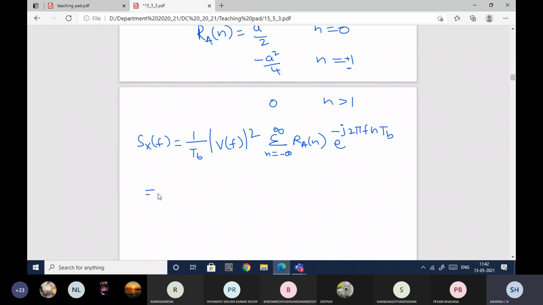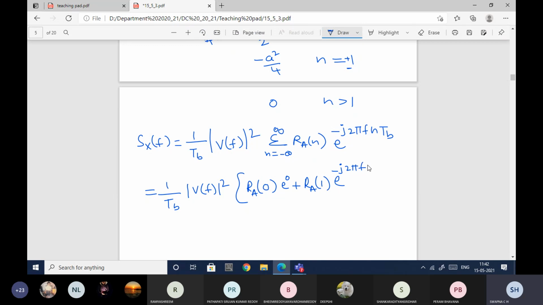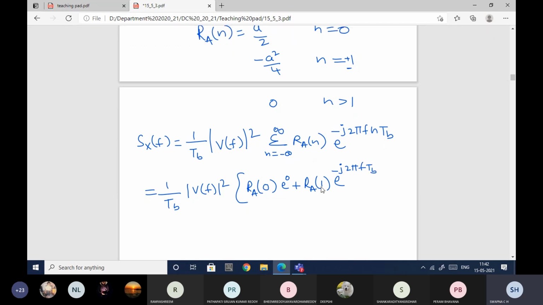So what I'll do, I will take array of 0, array of plus 1, array of minus 1 separately, and v of f we have already calculated. First let me take array of 0, array of 0 into e power 0, plus array of 1, so it will be e power minus j 2 pi f tb. Right, n value I've considered as 1.